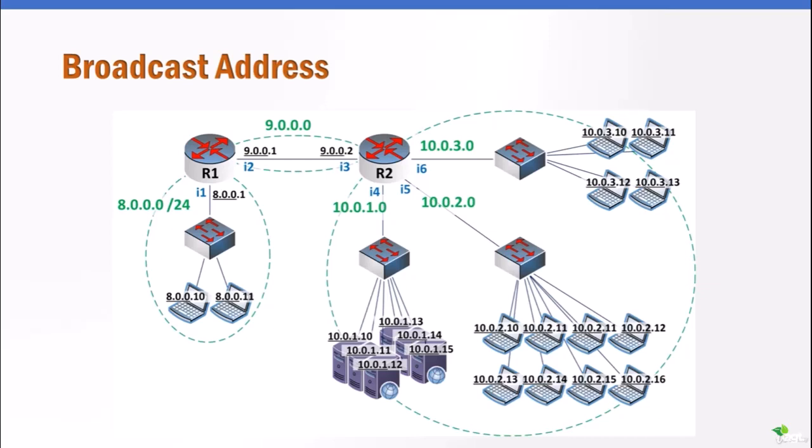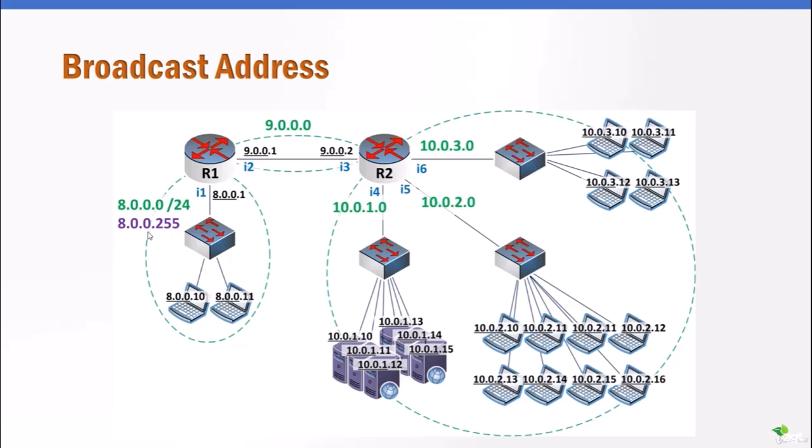So how do we figure out what's the broadcast address there? Well, we simply take the host portion and we turn it into ones in binary format. In decimal format, when we have 8 consecutive ones, that's 255. So the broadcast address here is going to be 8.0.0.255.